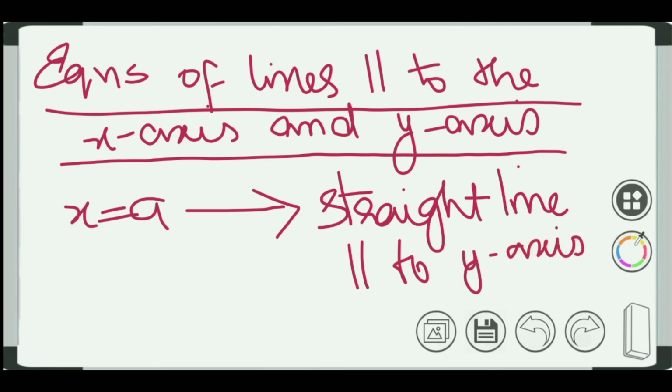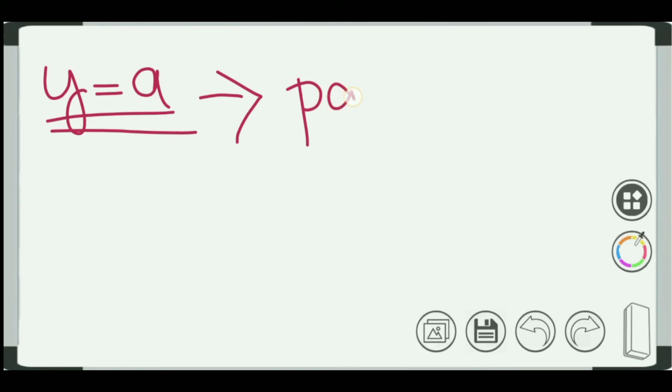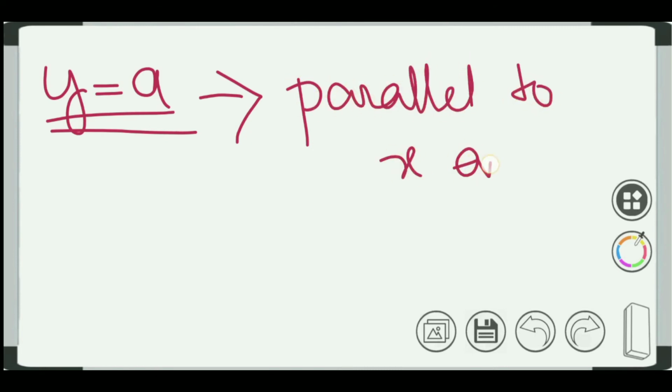In the same way, if y is equal to any number a, the graph will be a straight line parallel to which axis? Reverse, parallel to the x-axis. So note that the graph of x is equal to a is a straight line parallel to the y-axis. The graph of y is equal to a is a straight line parallel to the x-axis.